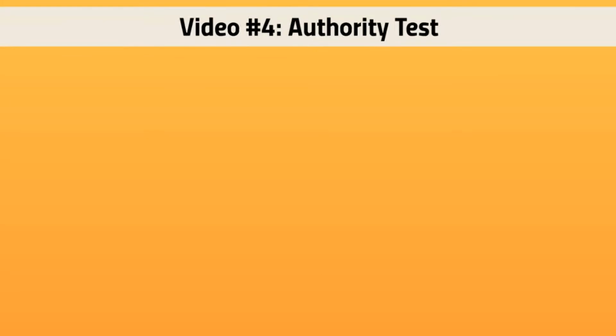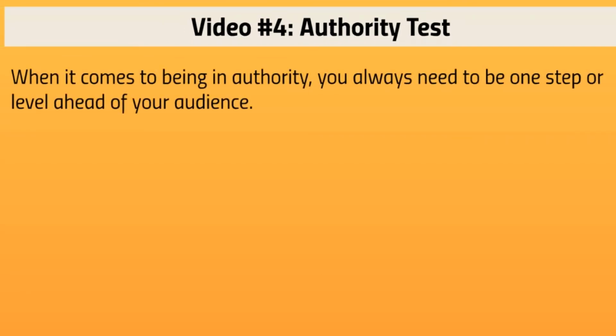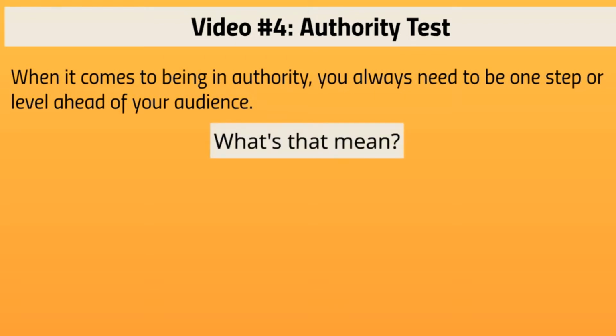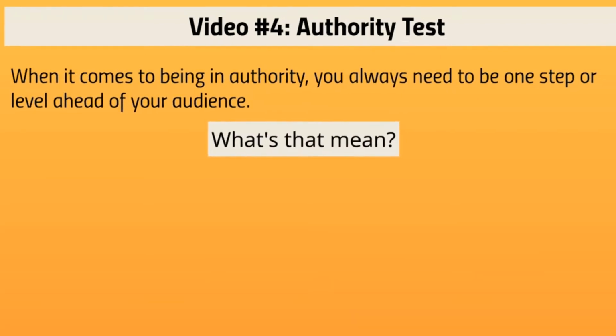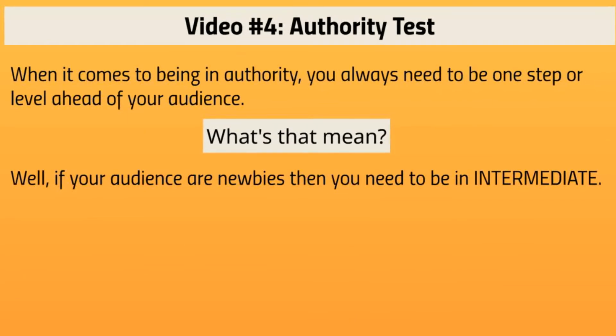Hello and welcome back to video number 4. This is the authority test. When it comes to being authority, you always want to be one step or one level ahead of your audience. What do I mean by that? I mean, if your audience are newbies, you want to make sure that you are at least in the intermediate level.